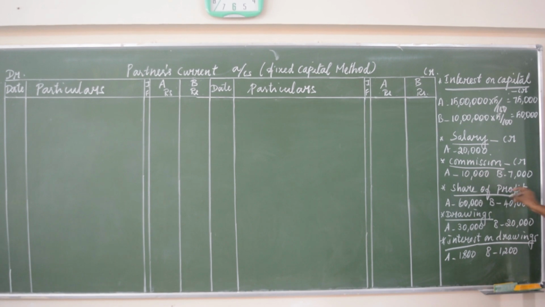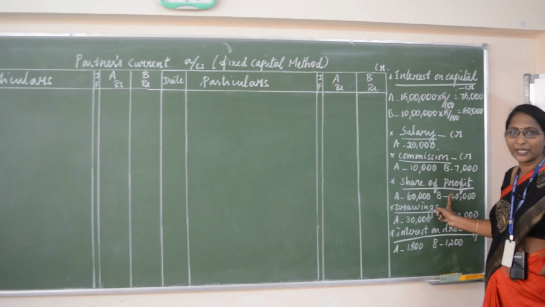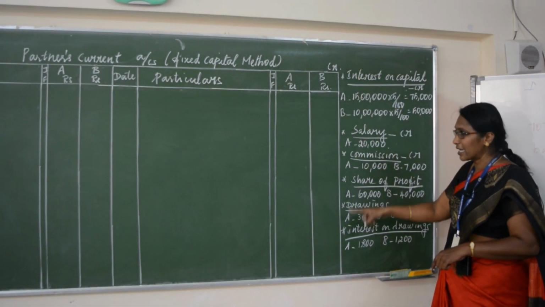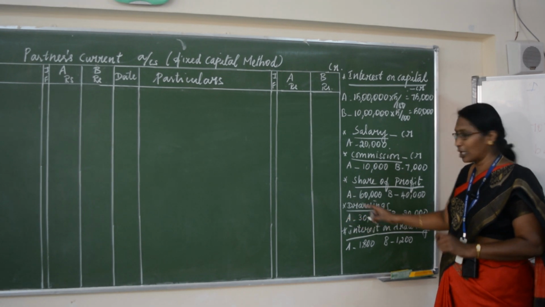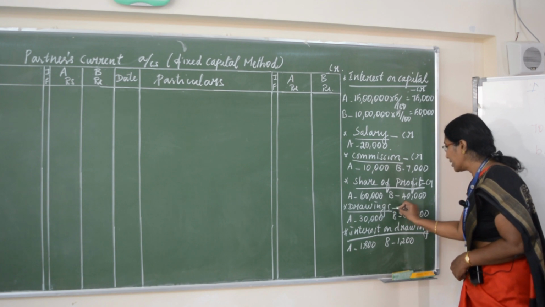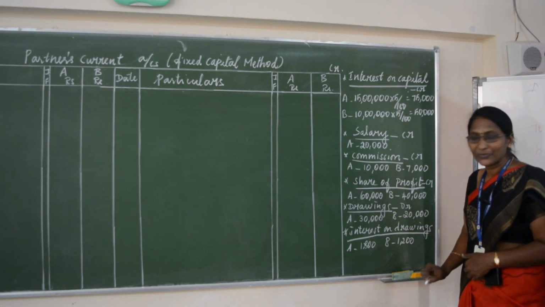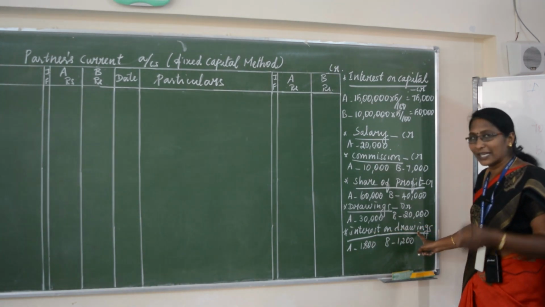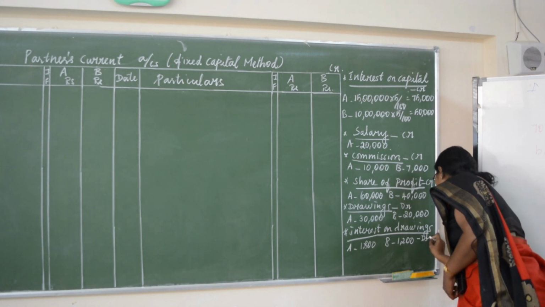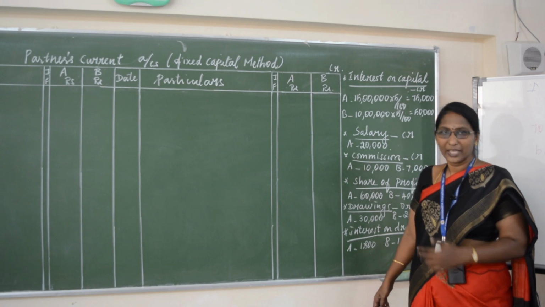Share of profit, in P&L appropriation account, this share of profit distributed in debit side of P&L appropriation among the partners will be transferred to credit side of partner's current account. So we do write this in credit side. Drawings, it is a debit value, so we should enter it in debit side. Interest on drawings, it is an expense to the partners, so we have to write this in debit side of partner's current account. Is it clear? Yes.